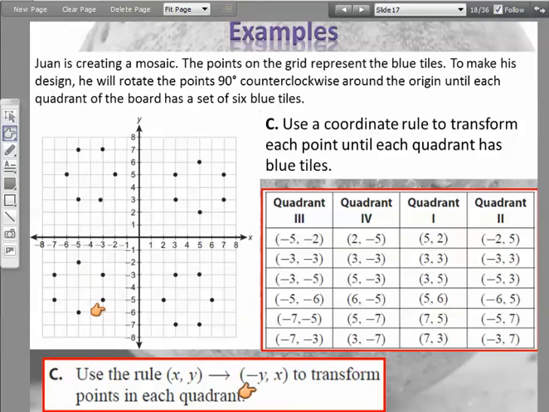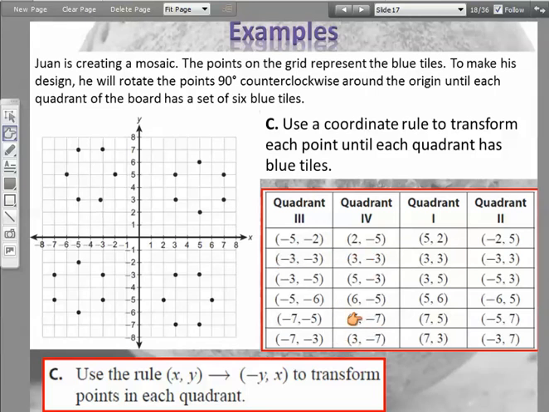And when he used the rule, he made x and y flip places and the y became opposite. So -2 became +2. The -5 went to the y spot and stayed the same. So here I've got y is a -3. It becomes the opposite, which is +3, and the x -3 stays the same and goes to the y position.